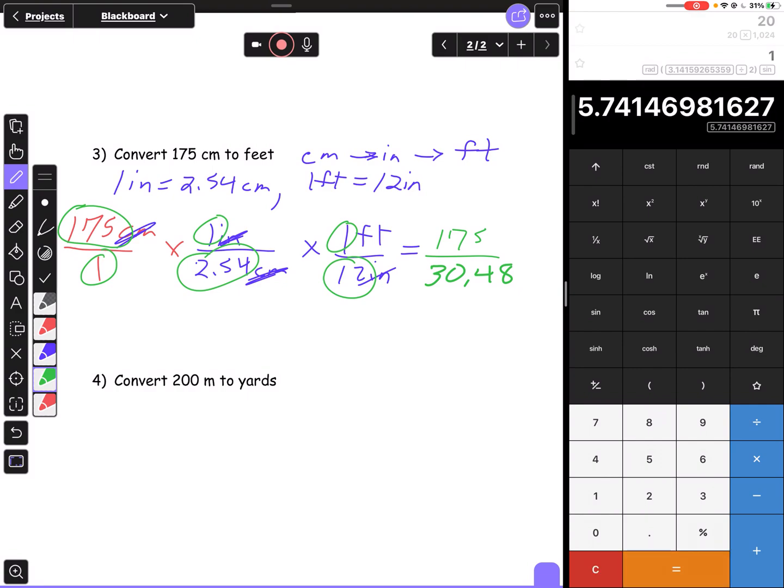And that equals 5.7414. I'm going to round this to 2 decimal places. So that would be 5.74. My units will be feet. So 175 centimeters is the same length as 5.74 feet.